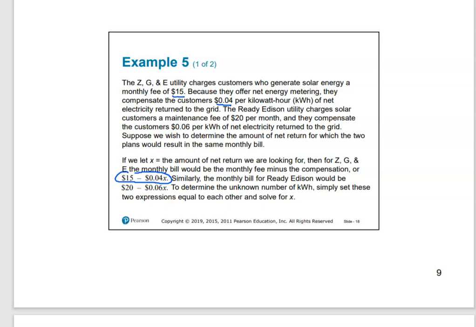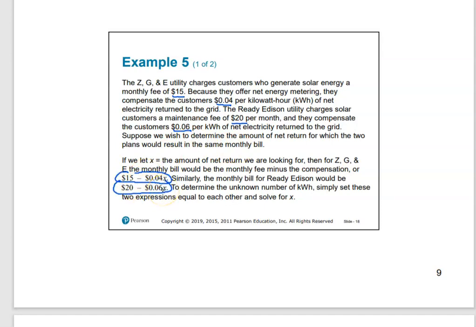So they get charged $15 up front, but then they're going to end up getting to make some money, so they're subtracting off this 4 cents per kilowatt hour. And then it says that the Ready Edison utility charges a maintenance fee of $20 per month, and they compensate their customers with 0.06 per kilowatt hour. So that's where we're coming up with the 20 minus 0.06 per kilowatt hour.